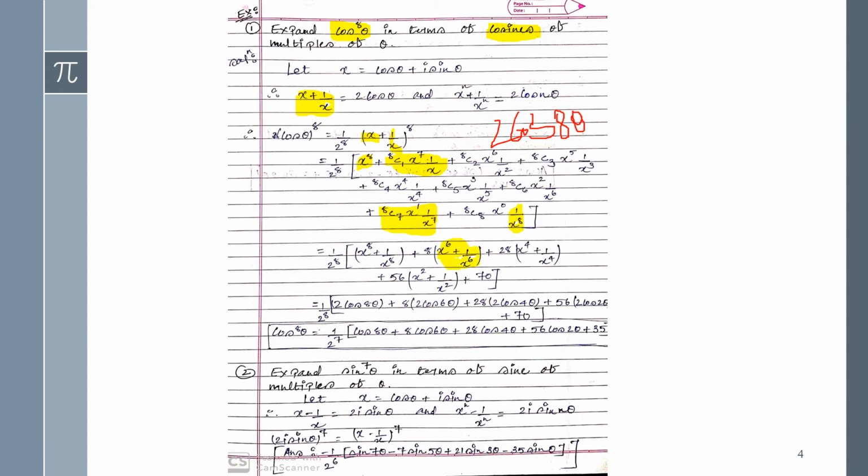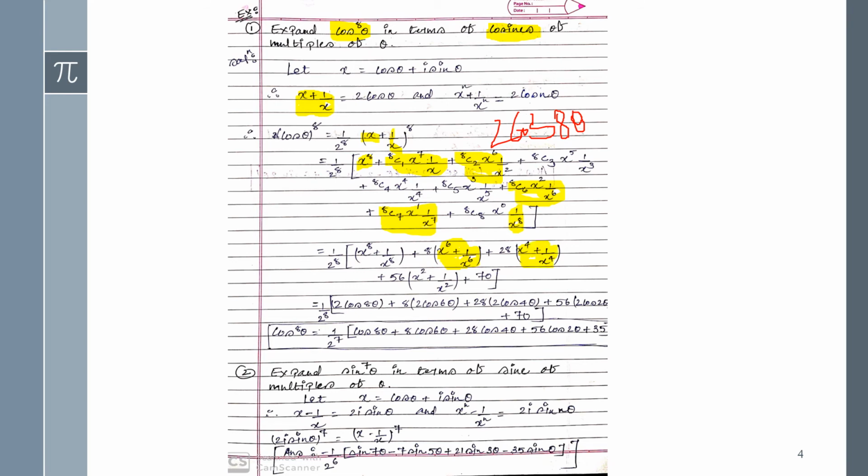Now we will do the same for the next. Here you can see x raised to 6 and here it's given x square, so cancelling this you will get x raised to 4, and for the similar term you can see the third last term of the equation. Both these terms will give x raised to 4 plus 1 upon x raised to 4.